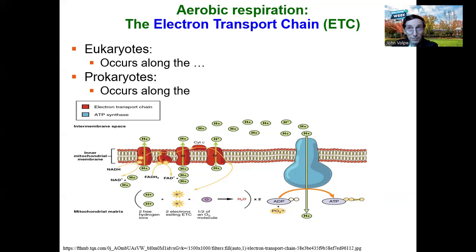What's called the electron transport chain is a bunch of proteins in the membrane, and it's a chain of proteins. And the electrons flow from the first protein to the second protein and down to the further proteins.